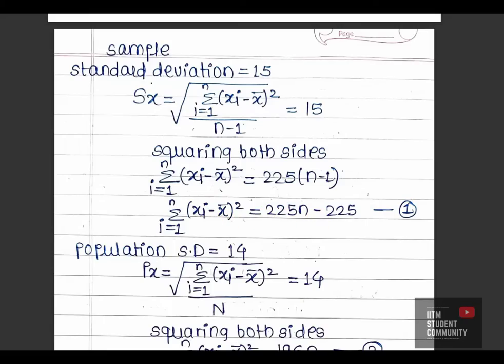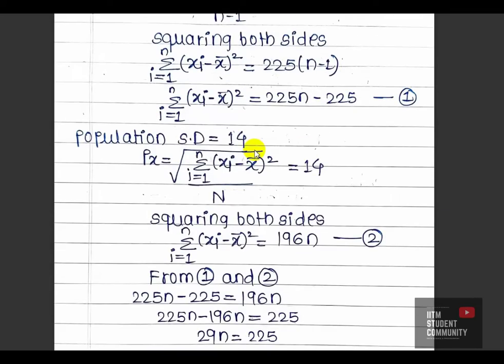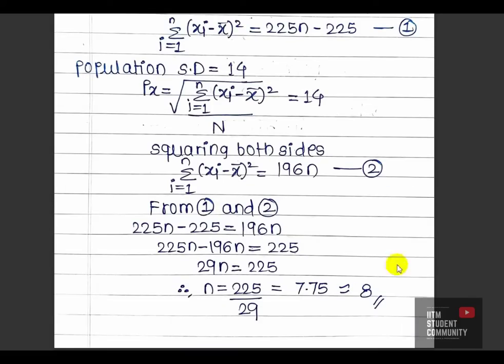And next we have been given another, population standard deviation, which is 14. Again using the formula for population standard deviation, we have summation xi minus x bar the whole square the whole upon n, which is equal to 14. Again we square to remove the root, and then we get equation 2 to be summation xi minus x bar the whole square is equal to 196n.